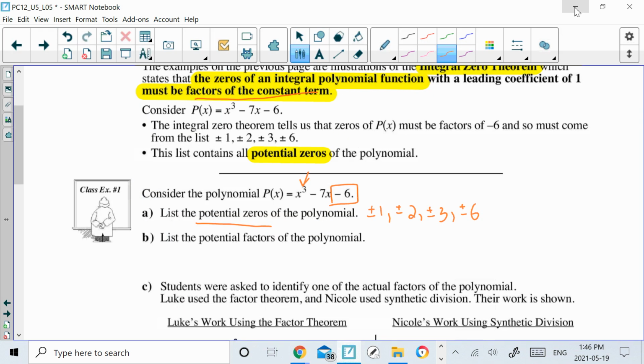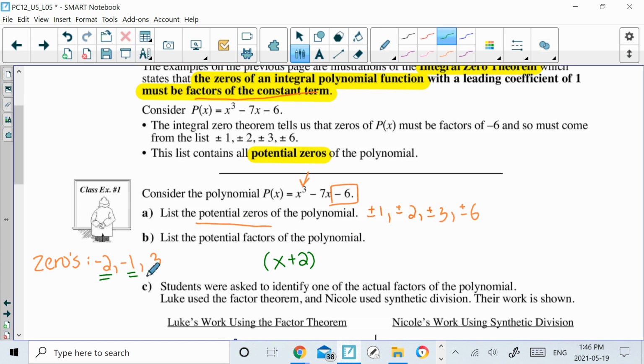So let's write that down. So the zeros of the polynomial function are -2, -1, and 3. Now, once I know what my zeros are, I could actually give you the factors of the polynomial function, because in order to get a 0 of -2, one of my factors has to be x plus 2.